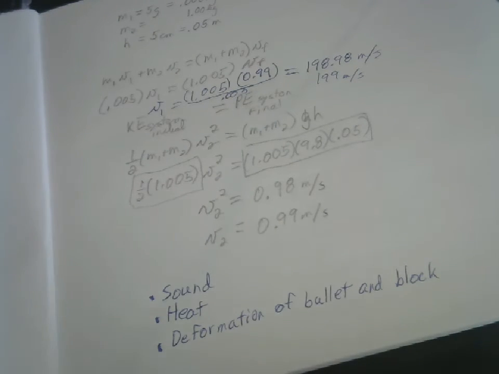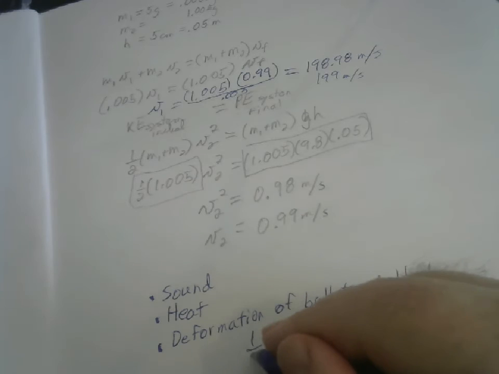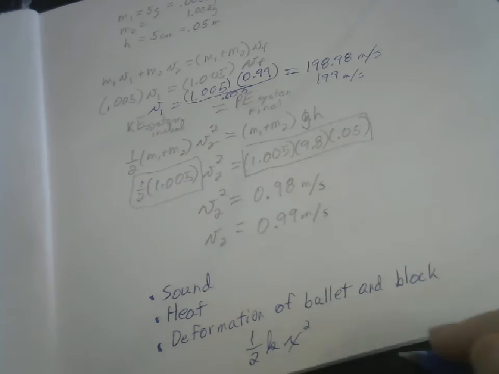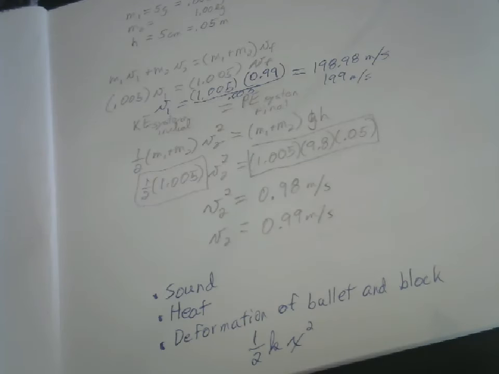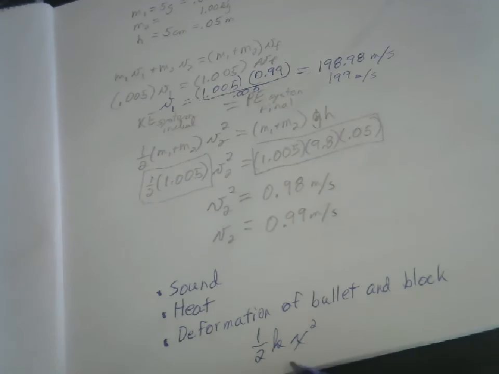You can use the formula 1/2 kx squared to find out how much energy it takes to deform the block, but that energy does not come back unless the block is elastic. Whatever energy doesn't come back elastically is lost to the system.